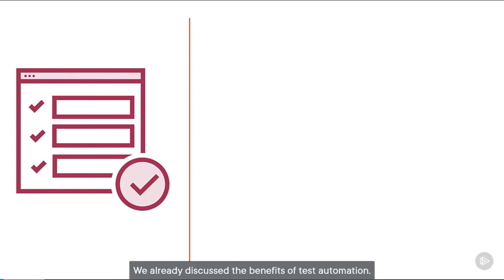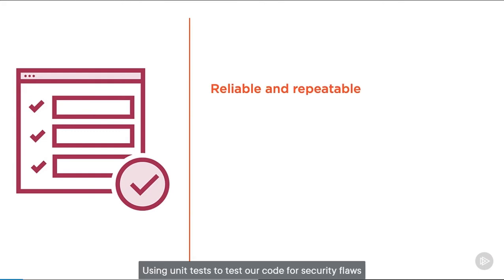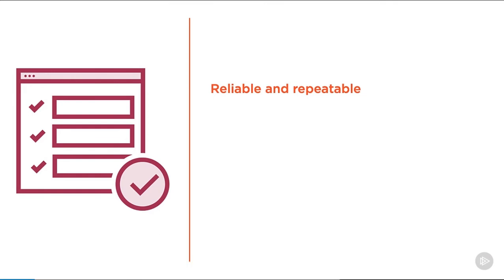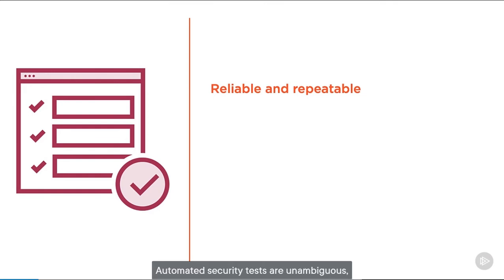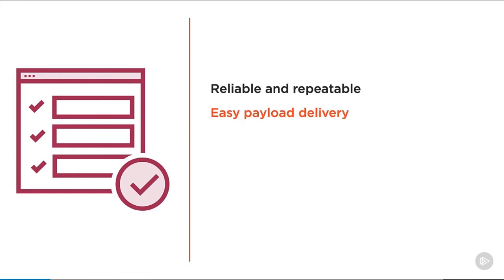We already discussed the benefits of test automation. Now we are going to take a more detailed look at how to use unit tests to detect prototype pollution. Using unit tests to test our code for security flaws is both reliable and repeatable. Automated security tests are unambiguous, and the result does not rely on the skills and knowledge of the person performing manual code review.